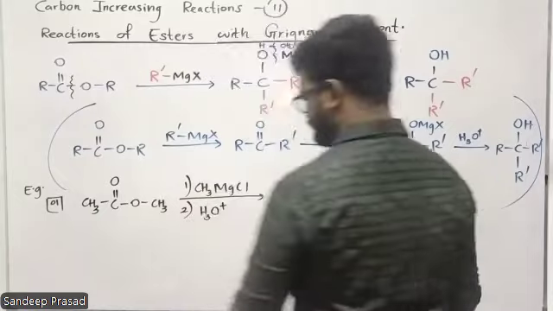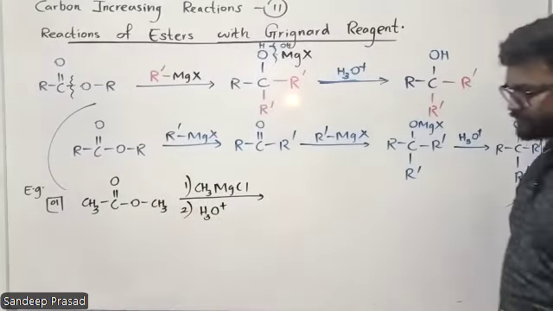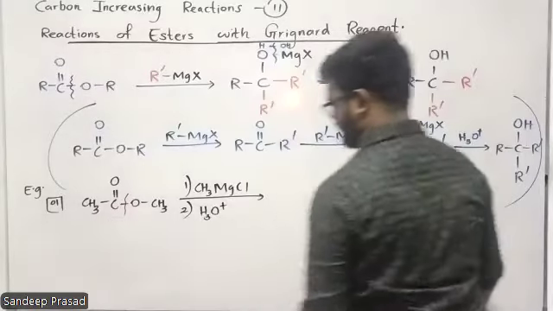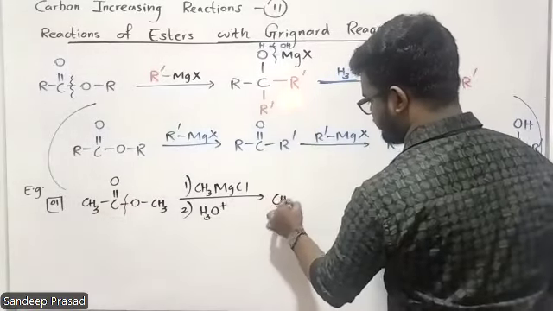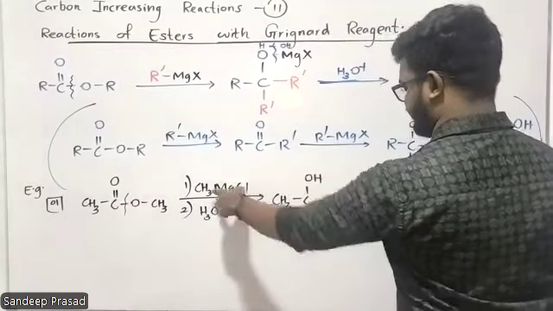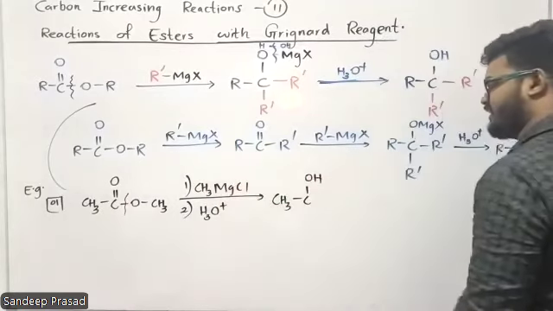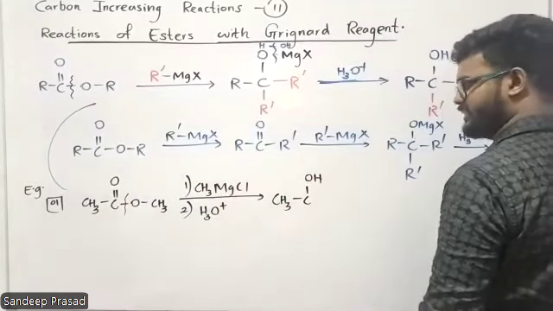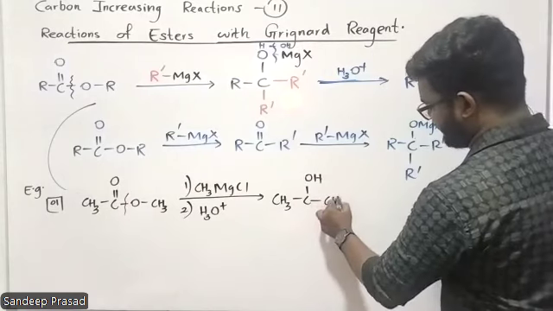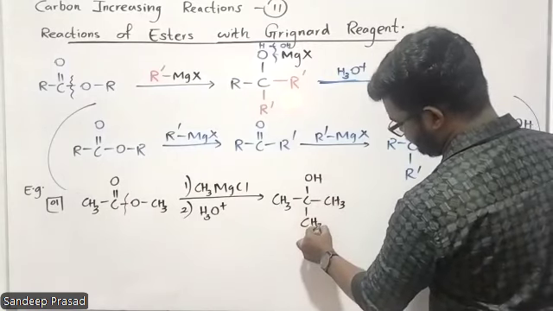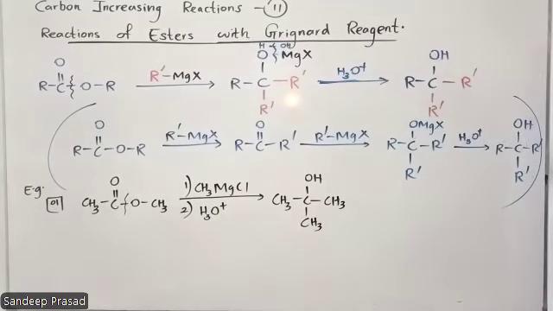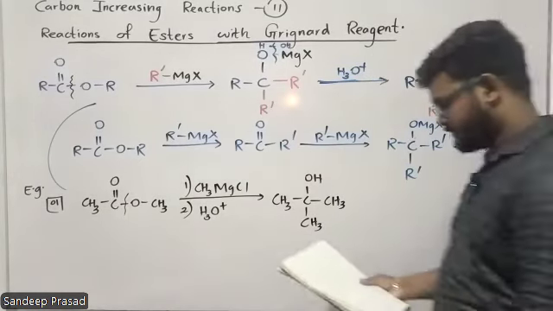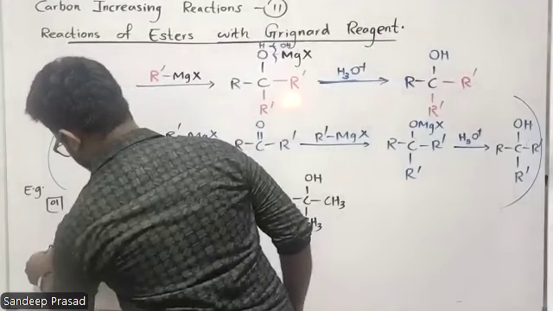So what is the product? Break this one from here, CH3OH. Then the alkyl group which is coming with the Grignard reagent is connecting to that carbon atom two times.